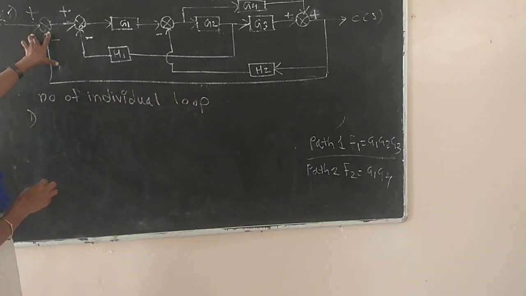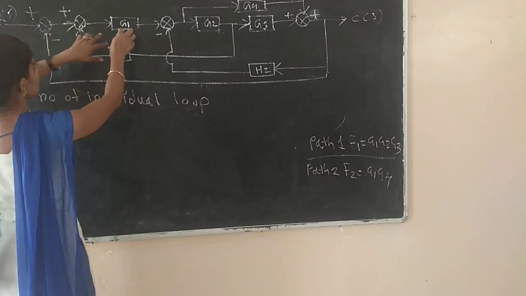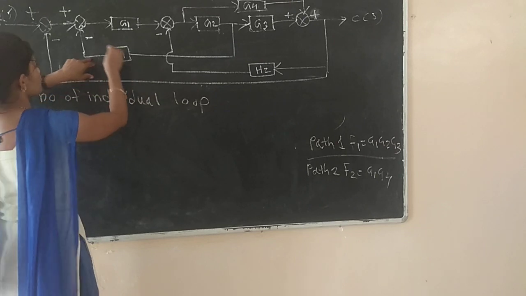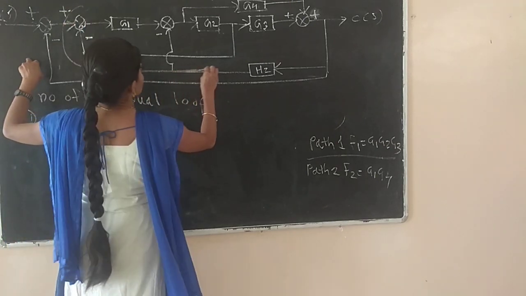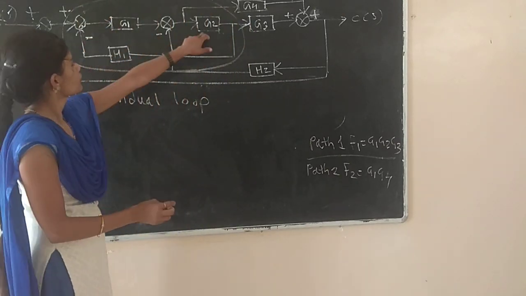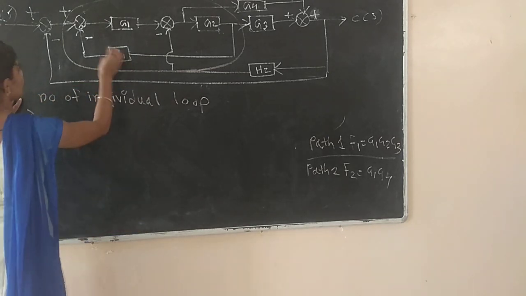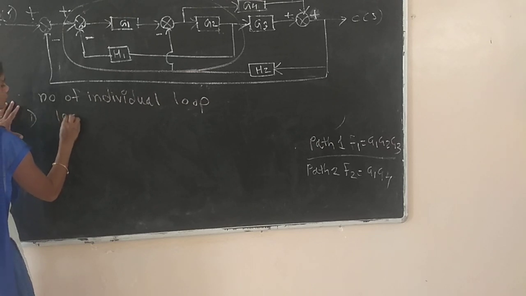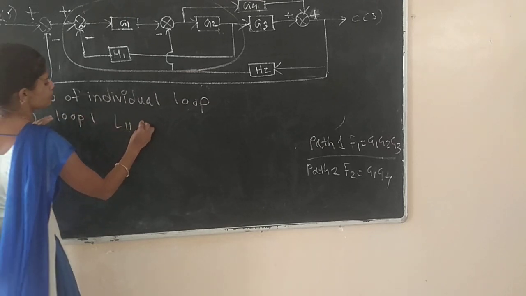In that, the first loop is G1, G2 and H1, and here the sign is minus. The first loop is denoted by L11.